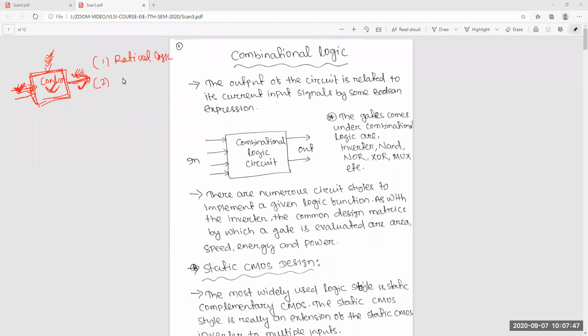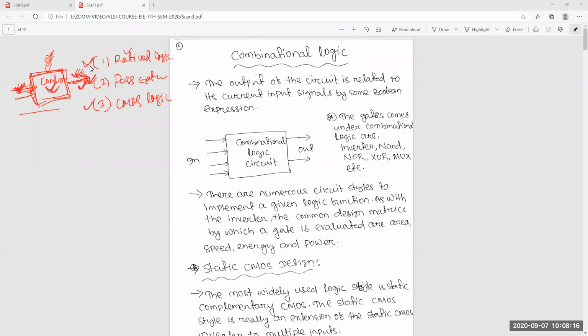Second is complementary pass transistor logic, CPL, or you can say pass gate logic. Third is CMOS. Particularly these three logic styles are there. You can use any one of these styles to design your combinational circuits.